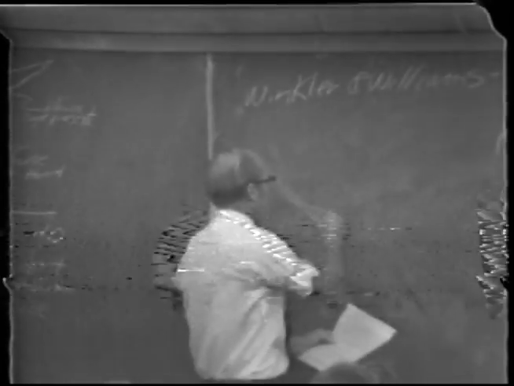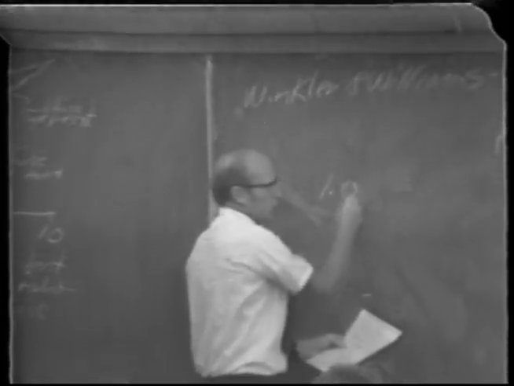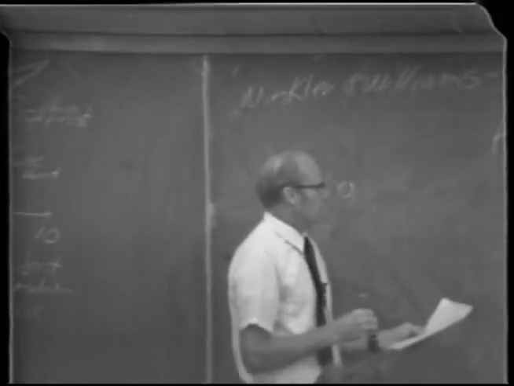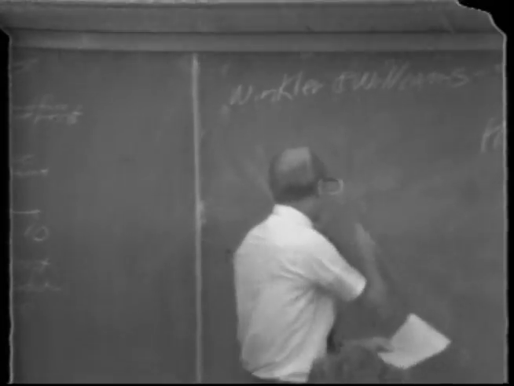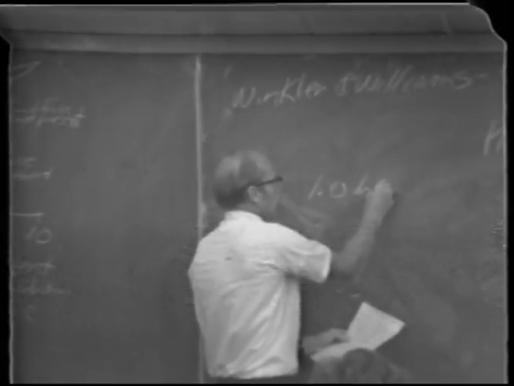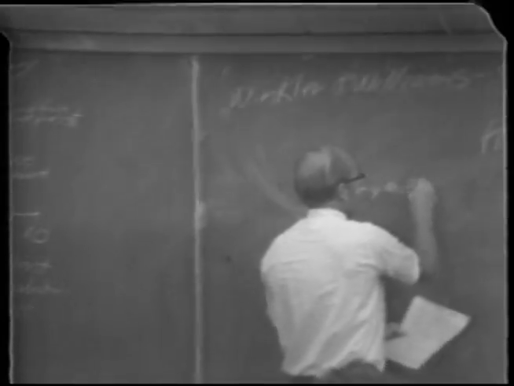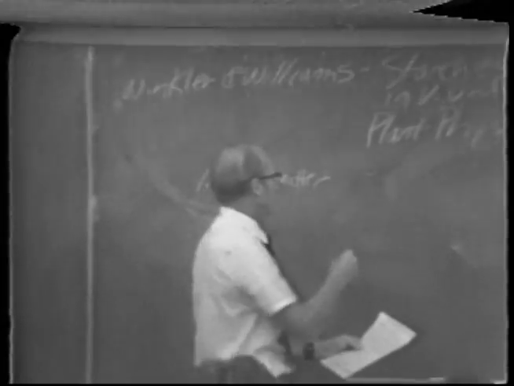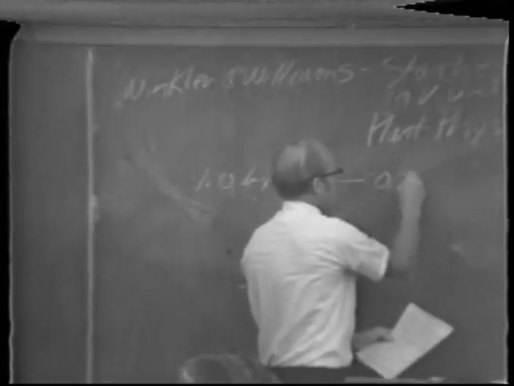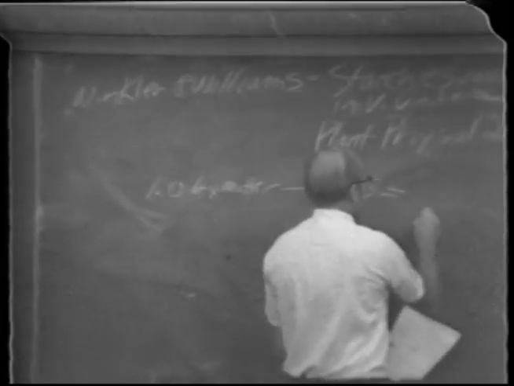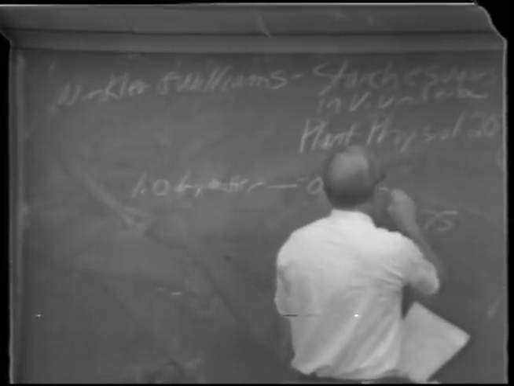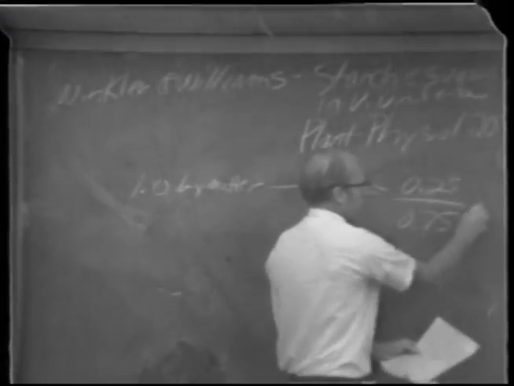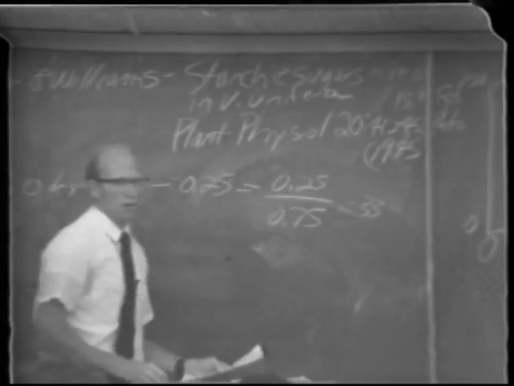In other words, if you had 1 gram of dry matter and this contained 0.25 grams of starch and sugar, they subtracted this 0.25, which gives you 0.75, and then they expressed it as a percent of that, so it's 0.25 over 0.75, or 33% carbohydrate.